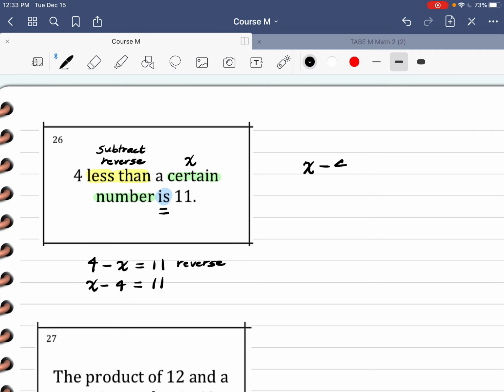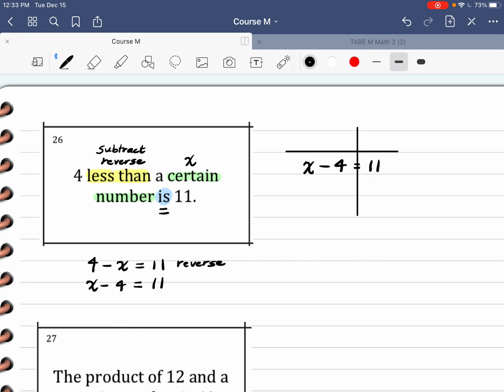So you want to solve x minus 4 equals 11. This is why I put those reverse keywords in earlier, so you could figure out how to solve these kinds of problems.